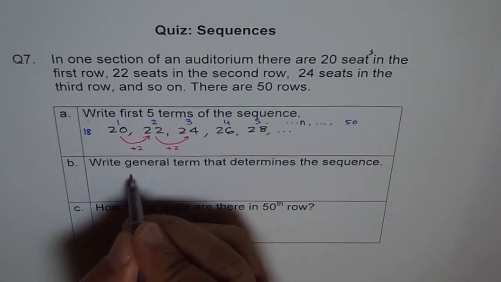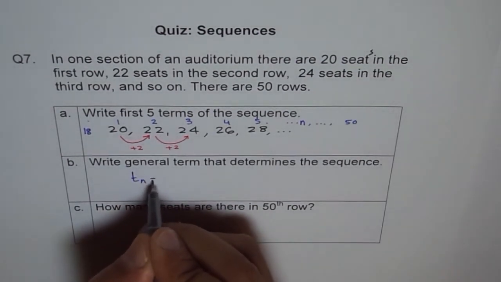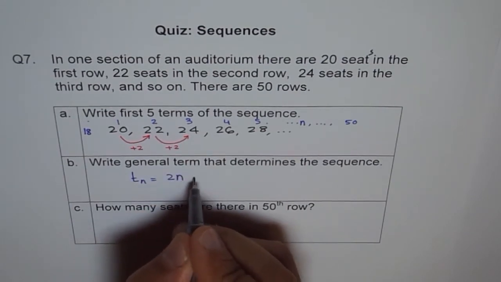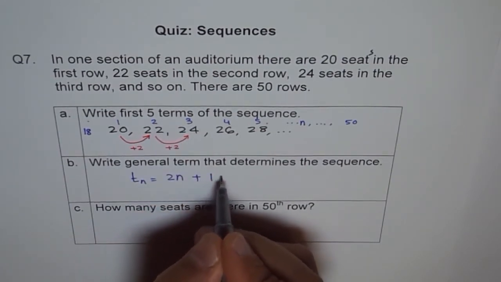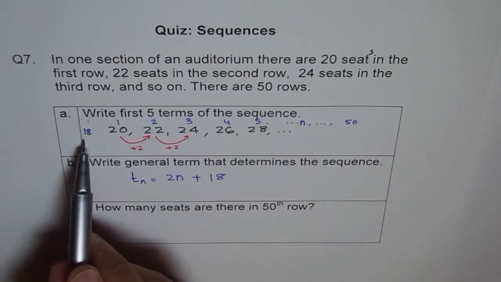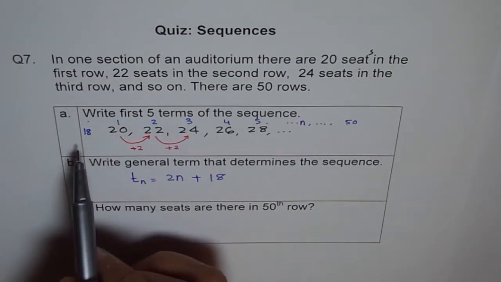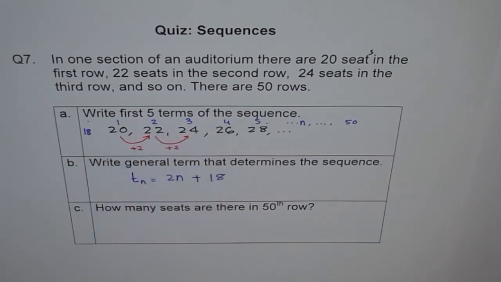So we say the general term Tn is equal to 2 times n plus 18, where 18 is our 0th row, a row before the first, to which we will add 2 each time. Do you see that? That's how you can get your formula, okay?